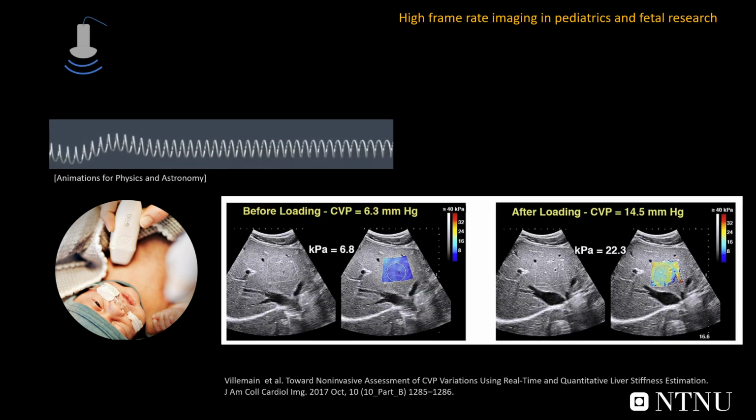In this study from Olivier Villemain from 2017, it was shown that the liver stiffness measurement is well correlated with the central venous pressure. The gold standard to measure this pressure is by right heart catheterization, an invasive procedure not suitable for close follow-up. A non-invasive estimate of the central venous pressure could, for example, help the physicians evaluate the effects of targeted medical therapy in pediatric patients with congenital heart disease.